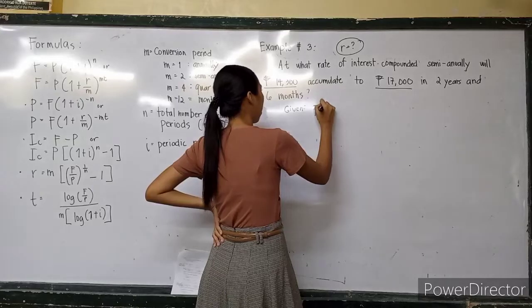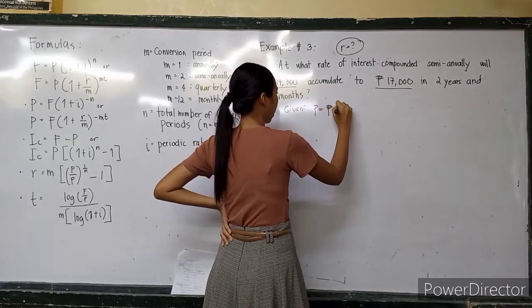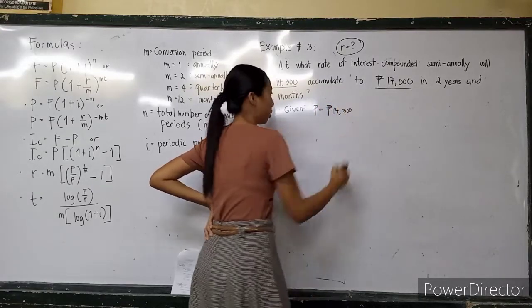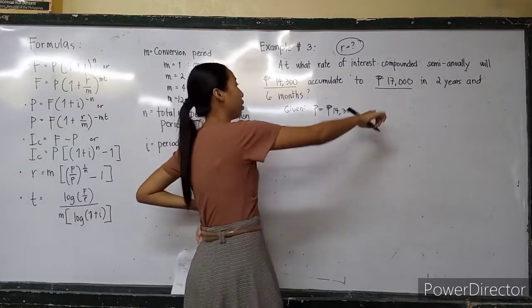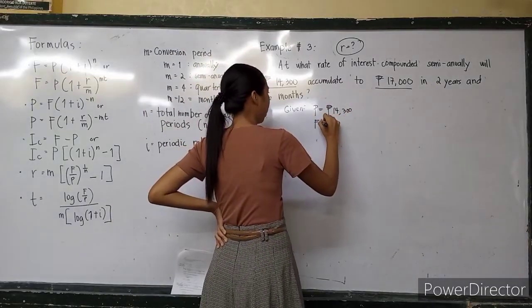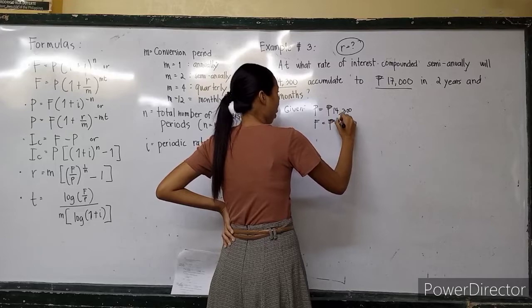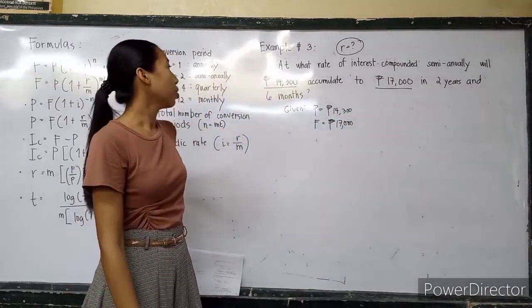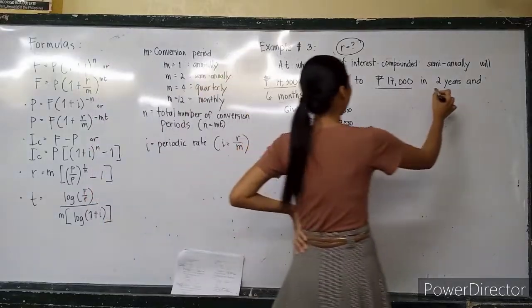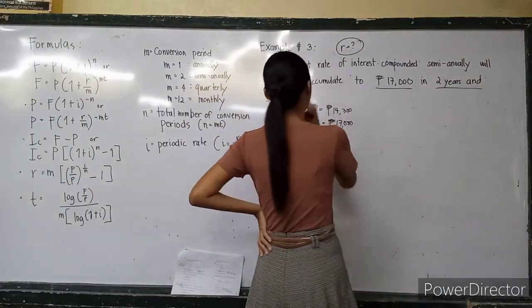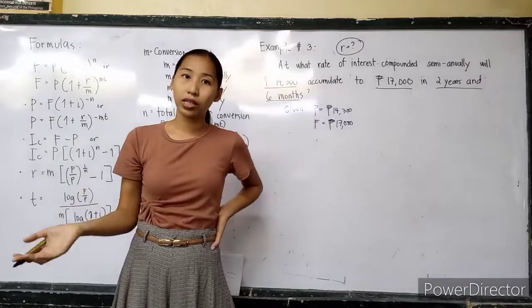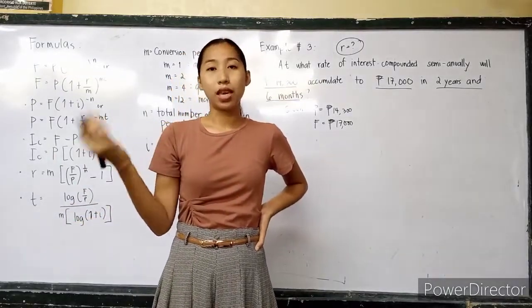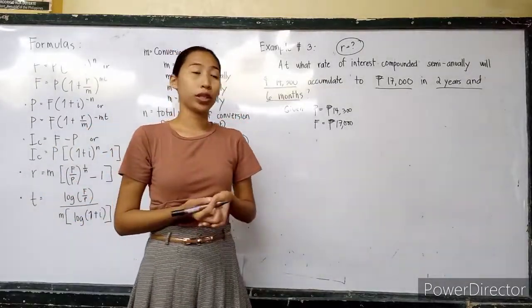So, P is equal to 14,300. And then we have the other, which is F, 17,000 pesos. Okay? Sunod is kining 2 years and 6 months. Based on our experience na, once we see years and months, that would be for time or term.